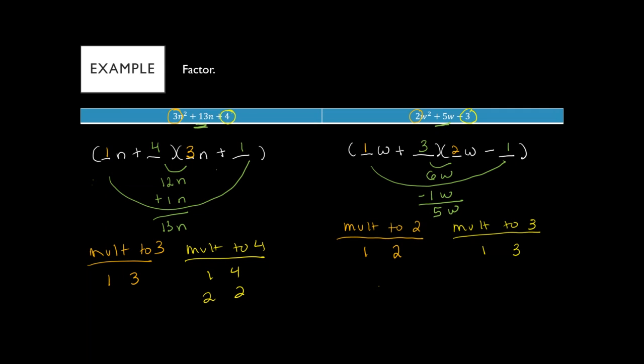So you're basically picking your choices, plugging them in, doing FOIL to see if it works. If it doesn't work, you try to reverse it and hope it works. And if that doesn't work, you try another pair.